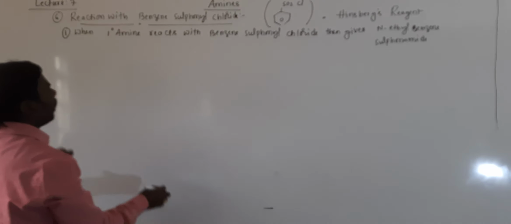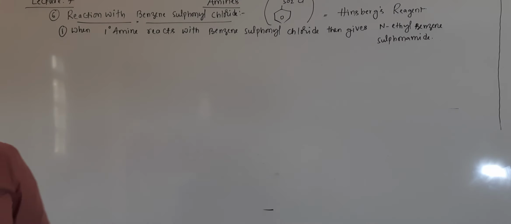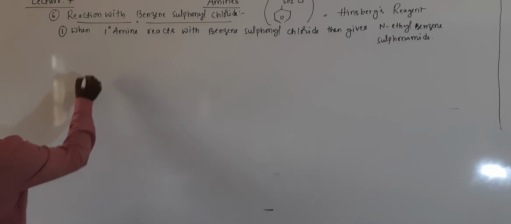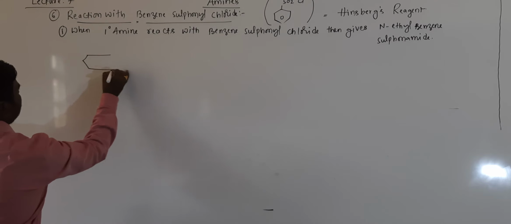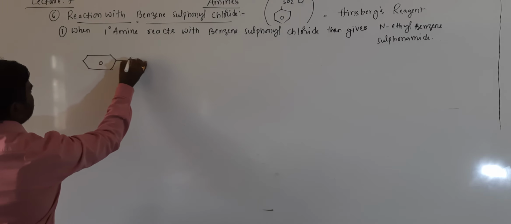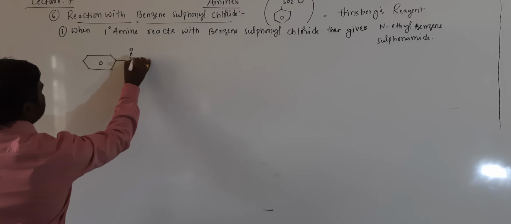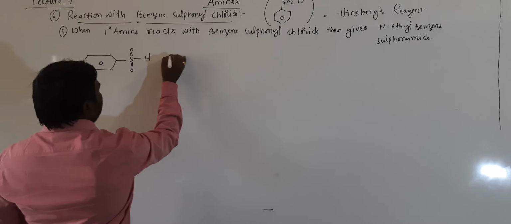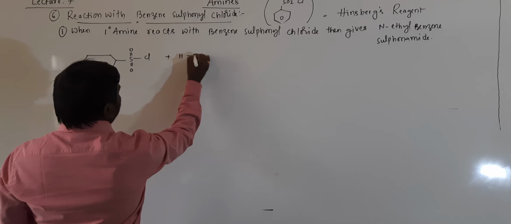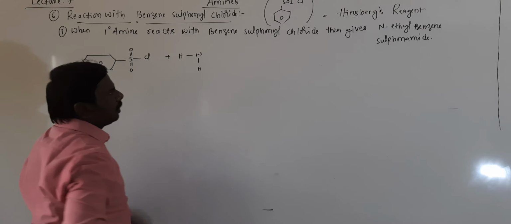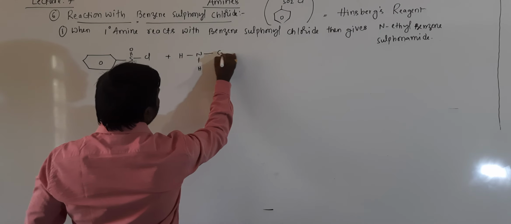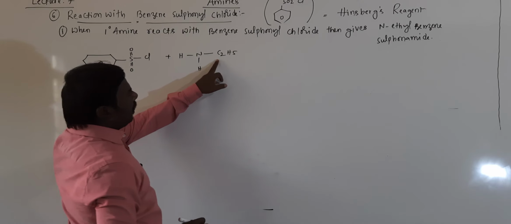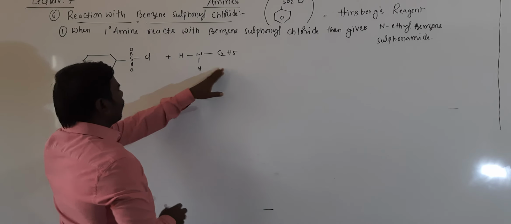So now I am taking a primary amine. It is a benzene ring with SO2Cl reacting with a primary amine NH2, C2H5, two carbons, that is ethanamine.